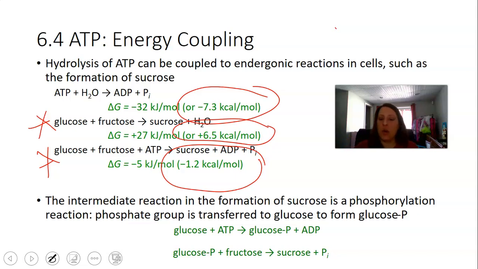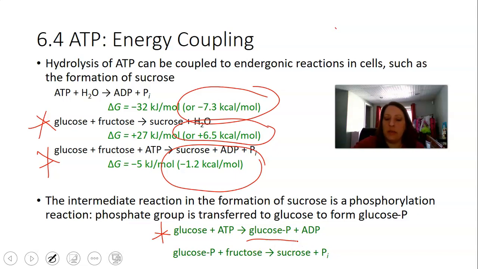And just so you know, how does this happen? It's pretty interesting. What happens is ATP gets split. That phosphate group, the terminal phosphate group, the third one, actually comes off of ATP and gets added to glucose. So this is actually the first part of the reaction.